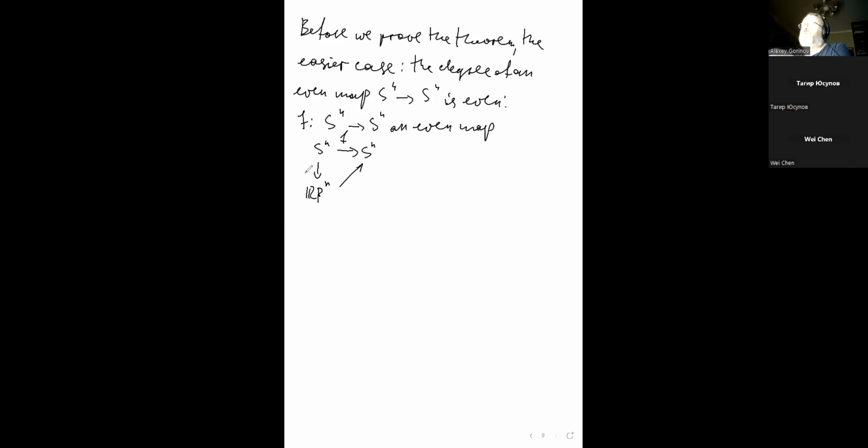Well, there are several ways to proceed. One could use integral homology, but instead one could use homology mod 2.